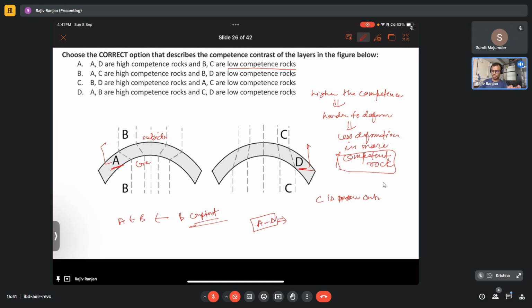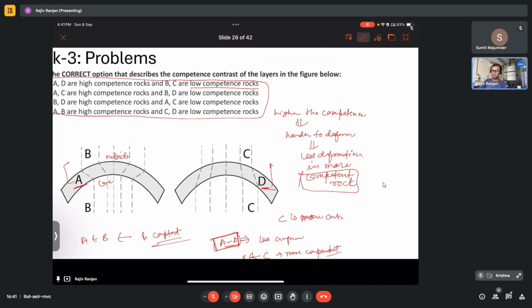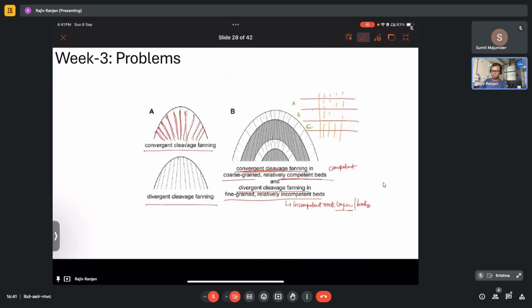I'm really sorry for that. But this is clear. So A is less competent, and B and C are more competent. That's it. When I put the questions on this list, I will correct these options and send it to you. Okay, let's move.